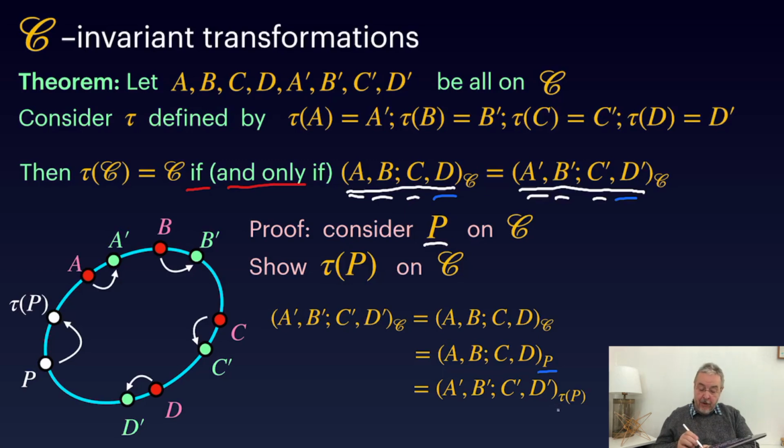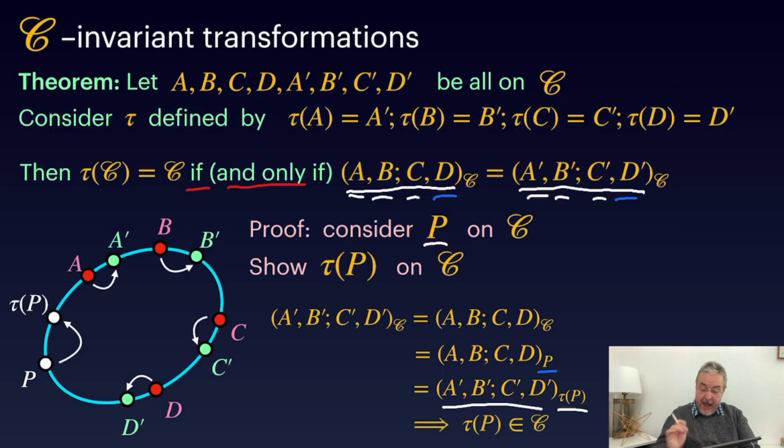Our point tau of P here sees the 4 points under that fixed cross ratio, and hence it has to be on C. So we proved if we have this invariance of the cross ratio, then P is automatically mapped to another point on the conic, and this means that the conic remains invariant as a whole.